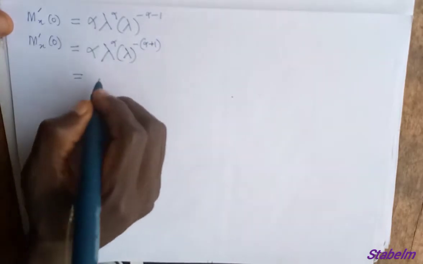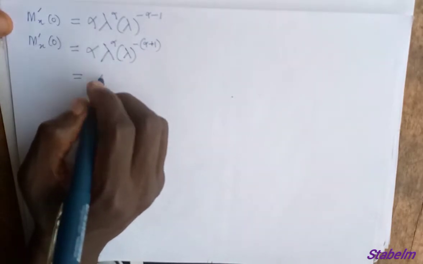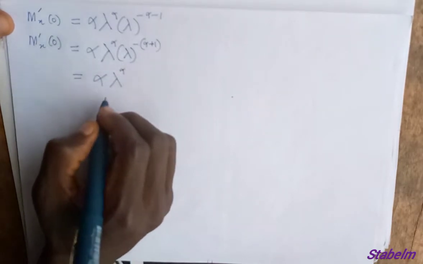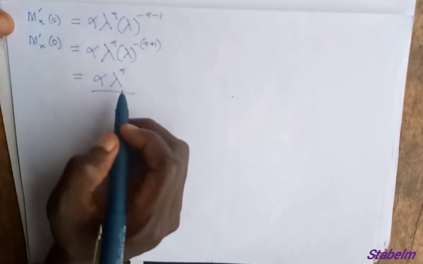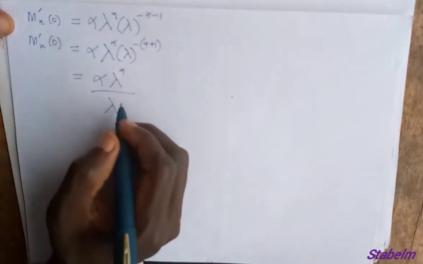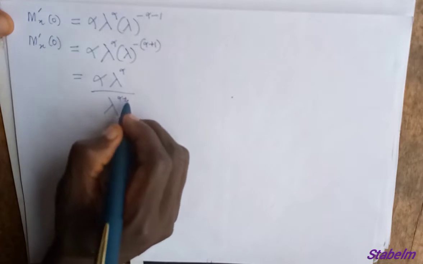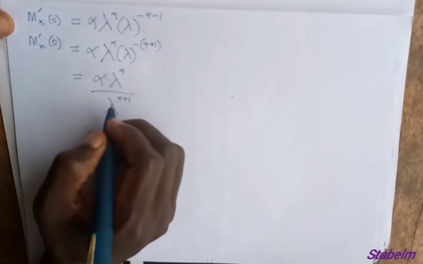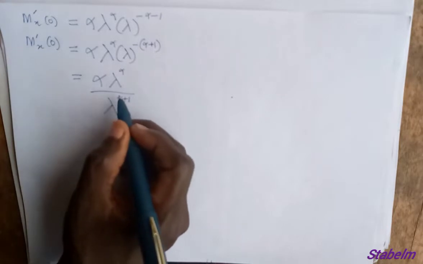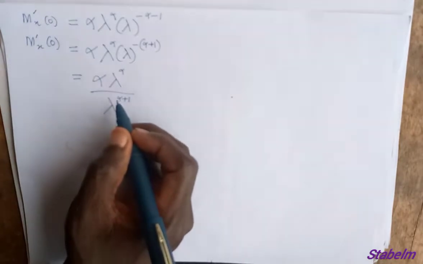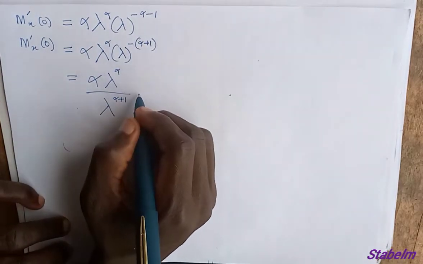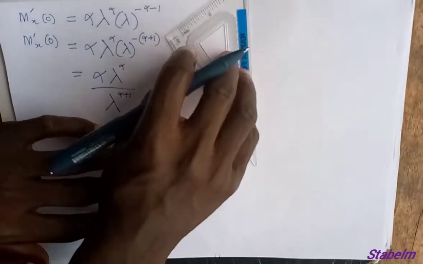We say this is equal to alpha lambda raised to power alpha divided by, since we are bringing this down, we are going to have lambda raised to power alpha plus 1. We have alpha plus 1. So since we have this to be of this nature, we can easily write this format.